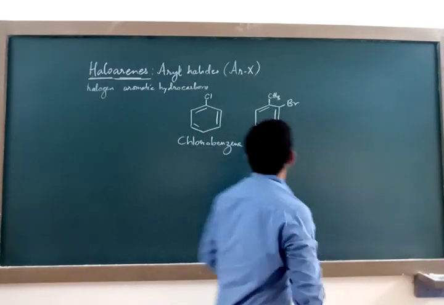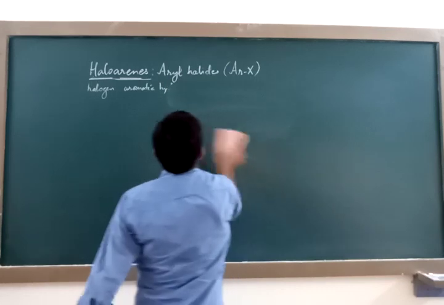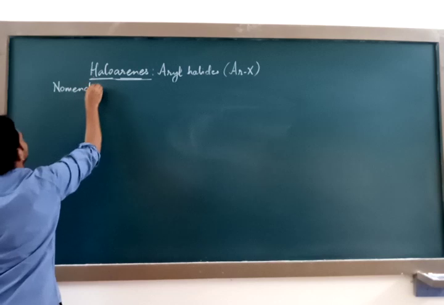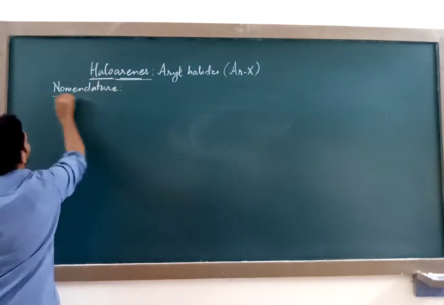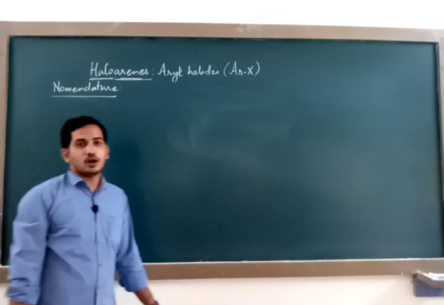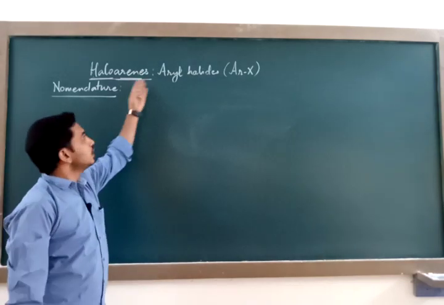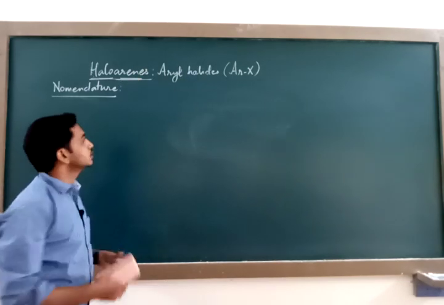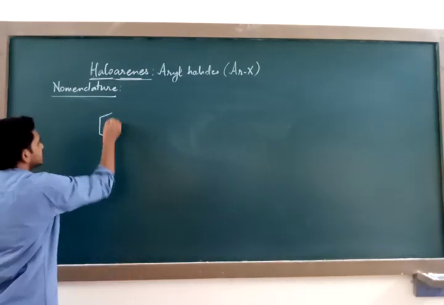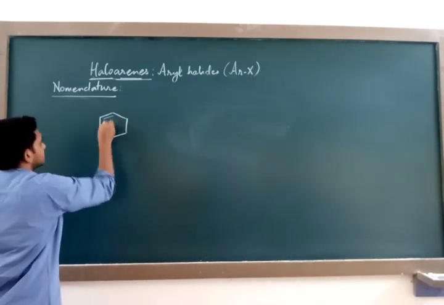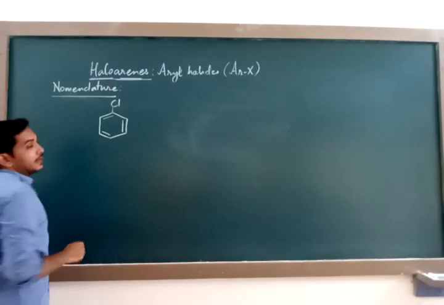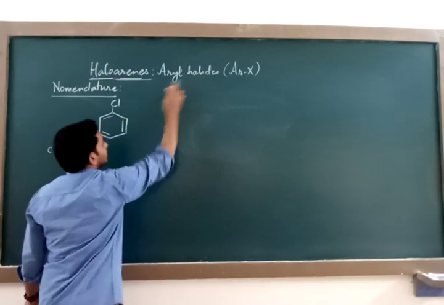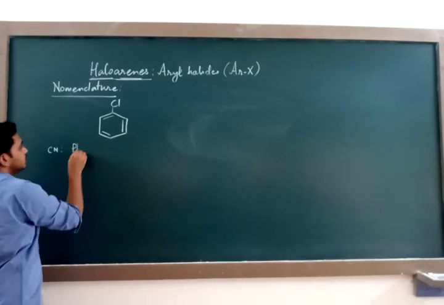Let us see their nomenclature. The nomenclature of haloarenes is quite simple. In the common naming system, haloarenes are called aryl halides, and aryl halides in the IUPAC system are called haloarenes. For that reason, if I have this example of chlorobenzene, then its common name is aryl halide, meaning phenyl.